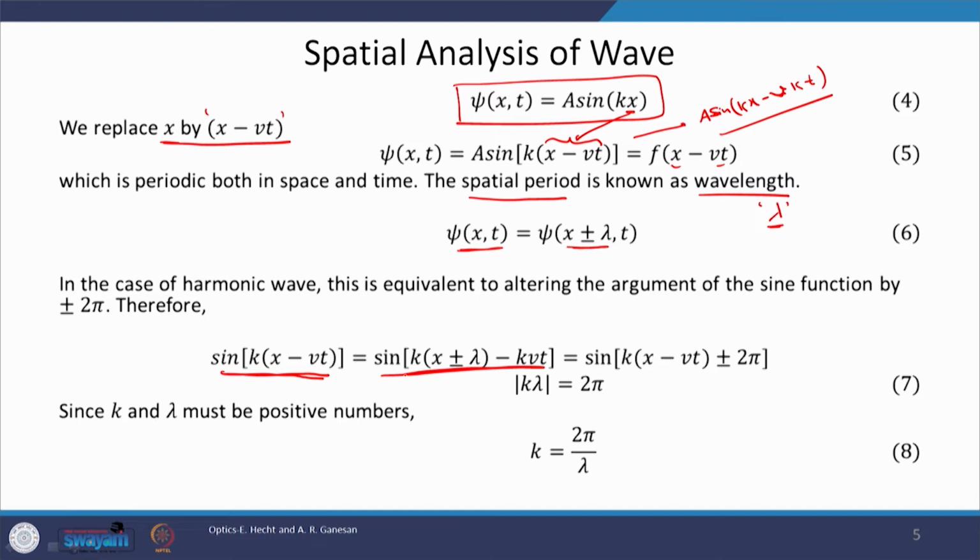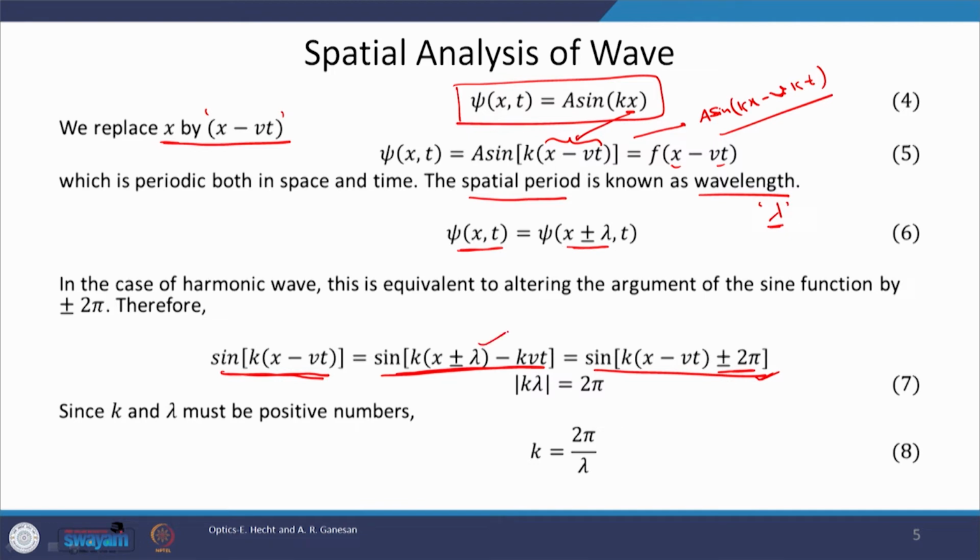This will not alter the sine function. Therefore, this would be equivalent to sin(kx minus vt plus minus 2 pi), because sine is a cyclic function. If you add 2 pi to its phase, it would come again to its original value. Therefore, this should not make any variation in the resultant function.